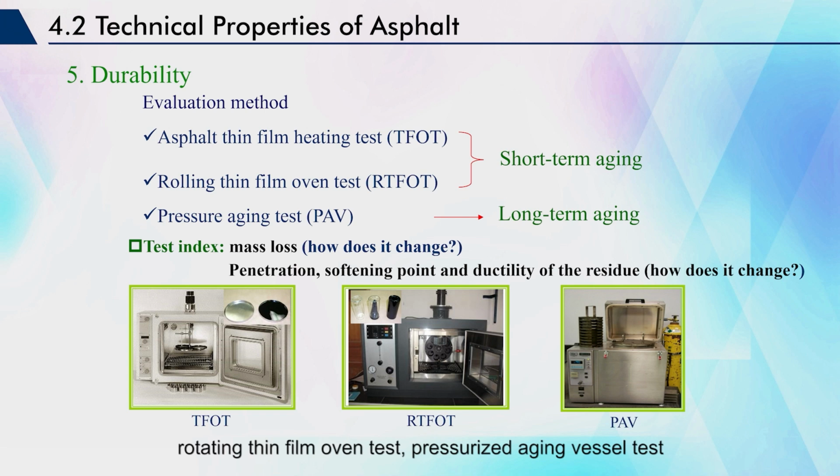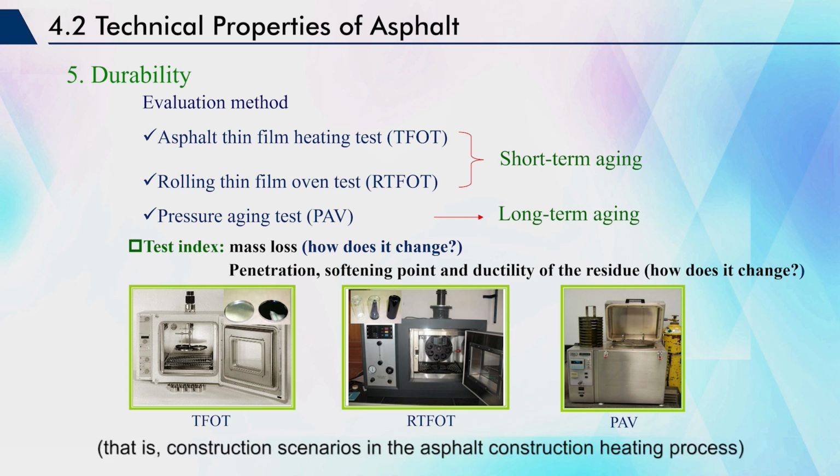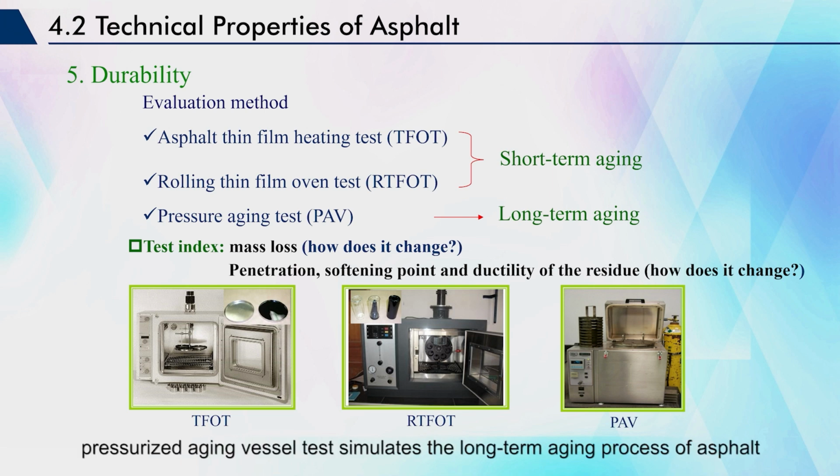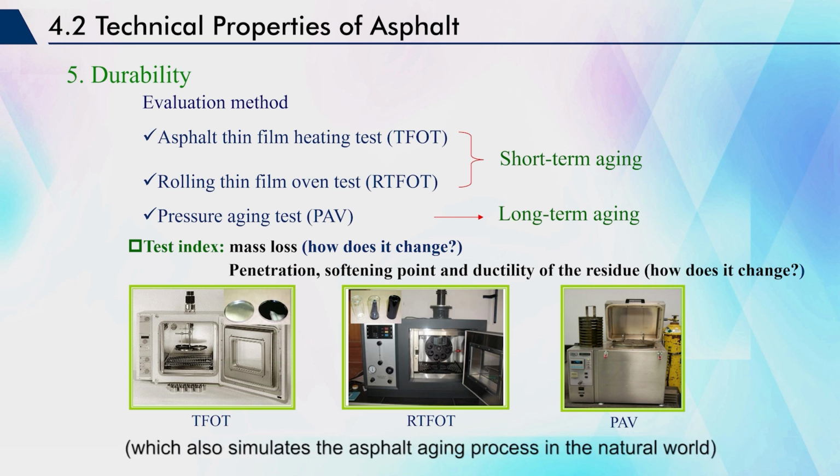The methods for evaluating asphalt durability are mainly the asphalt thin film oven test, the rotating thin film oven test, and the pressurized aging vessel test, of which the thin film oven test and the rotating thin film oven test simulate the short-term aging process of asphalt, that is, the heating process during asphalt construction. The pressurized aging vessel test simulates the long-term aging process of asphalt, which also simulates the asphalt aging process in the natural world.